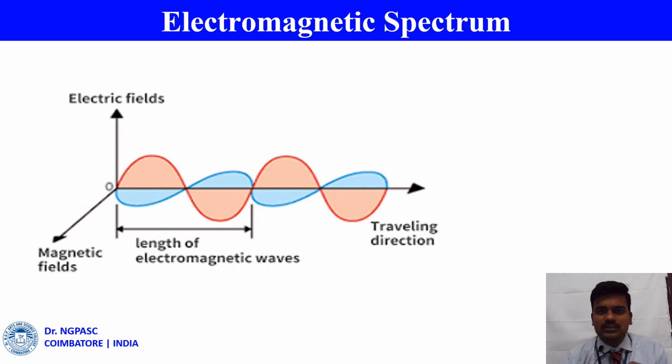The wavelength is the deciding factor whether the radiation is harmful or non-harmful.